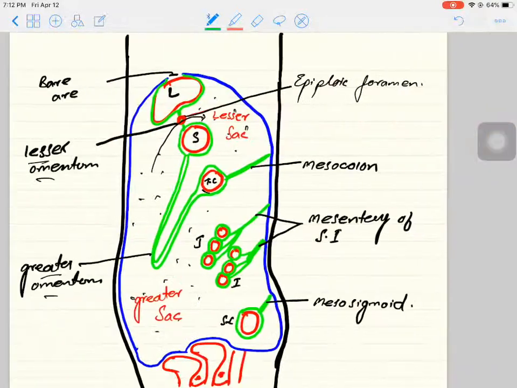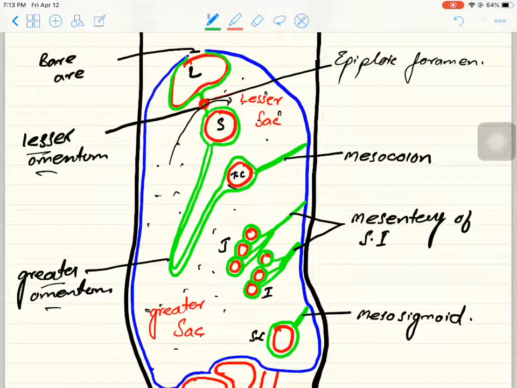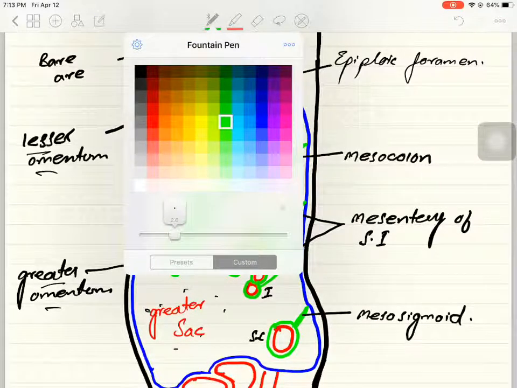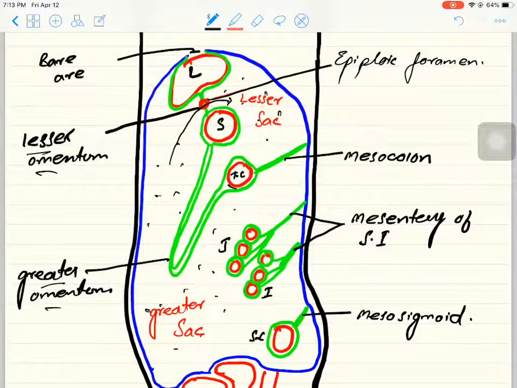The other function is that between the liver and the stomach we have the lesser omentum, and in this visceral peritoneum they fold and form certain special types of ligaments which hold one organ to another organ, so they can hold organs in a specific position and in relation with each other.